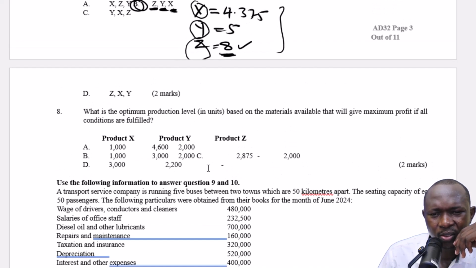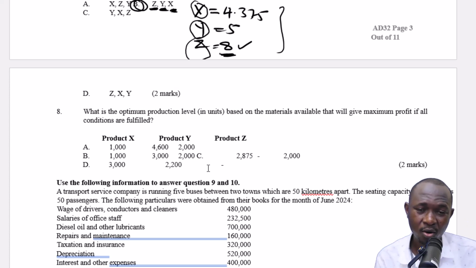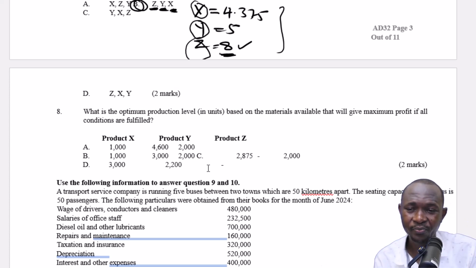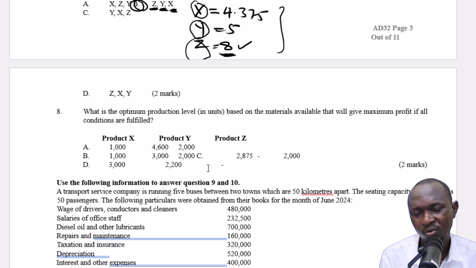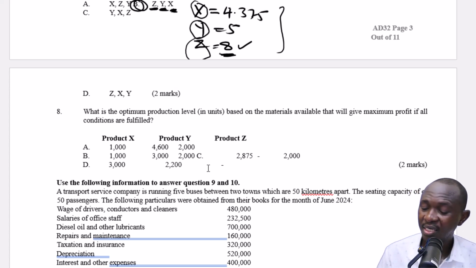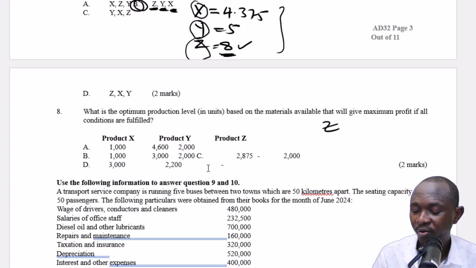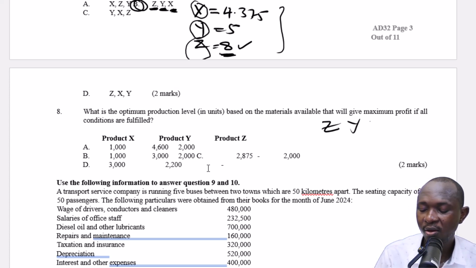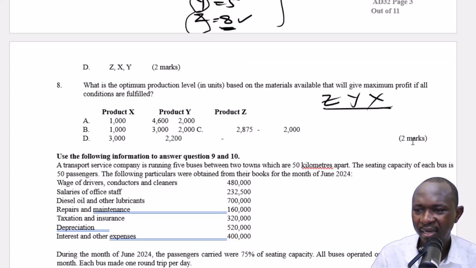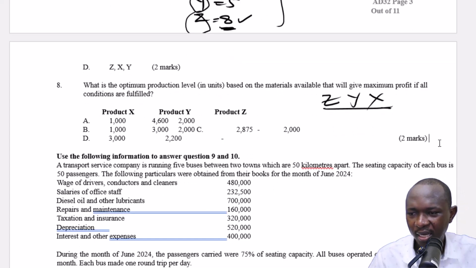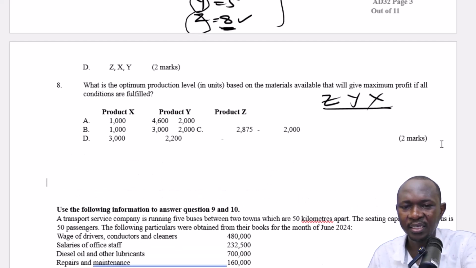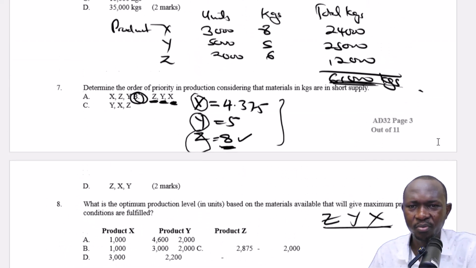So how will you produce to end up with the maximum profits if all the conditions are fulfilled? Remember what we said, that product Z has the highest profits, followed by Y, followed by X. But then there's a catch somewhere here.